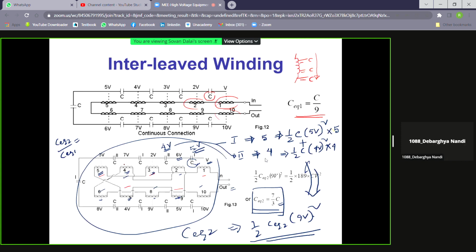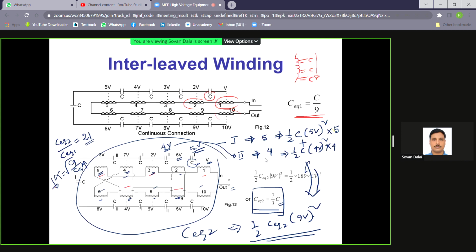21. 21. তাহলে দেখো আগের continuous connection এ যে capacitance ছিল, if you connect that winding in interleaved fashion, for that case the capacitance value increases 21 times. So in that way also you can improve the CS, or you can improve the potential distribution.